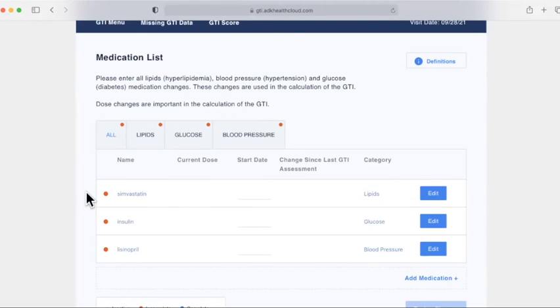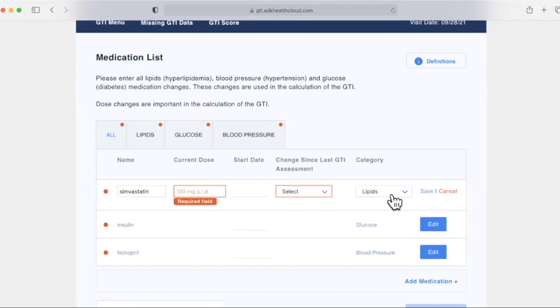So the patient is also on medications to help prevent or treat some steroid toxicity. So at baseline and at the last visit, the patient was on simvastatin and insulin and lisinopril. Now, the study coordinator will update these medications. Fortunately, now the patient has been able to reduce her simvastatin.